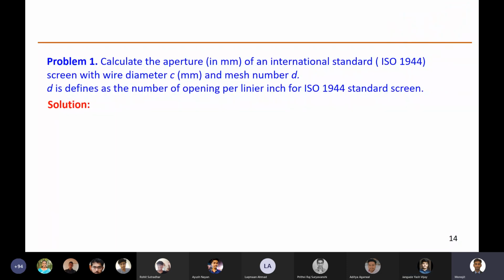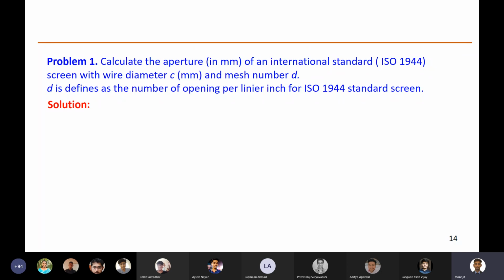So the problem says calculate the aperture. The definition of aperture, if you don't recall, let me reiterate it again. It's the number of openings that you have per linear inch, right? That is called the aperture.